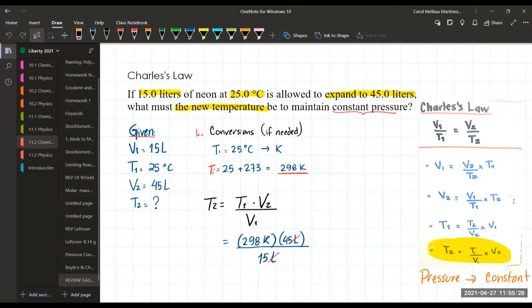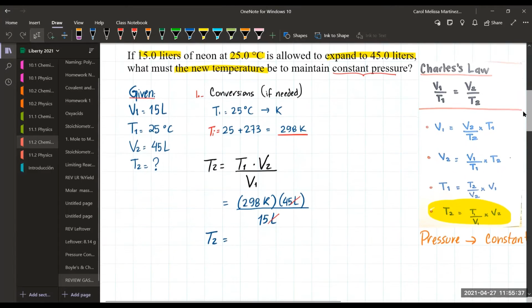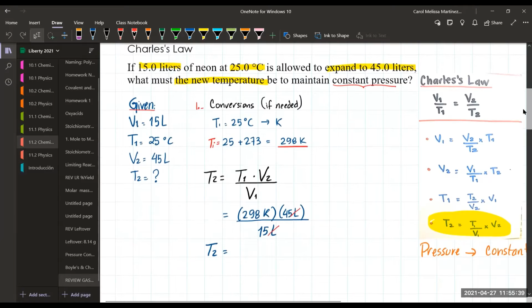And in the end, the final temperature is equal to what? How much did you get? 894 Kelvin. And with this, you finish the exercise.